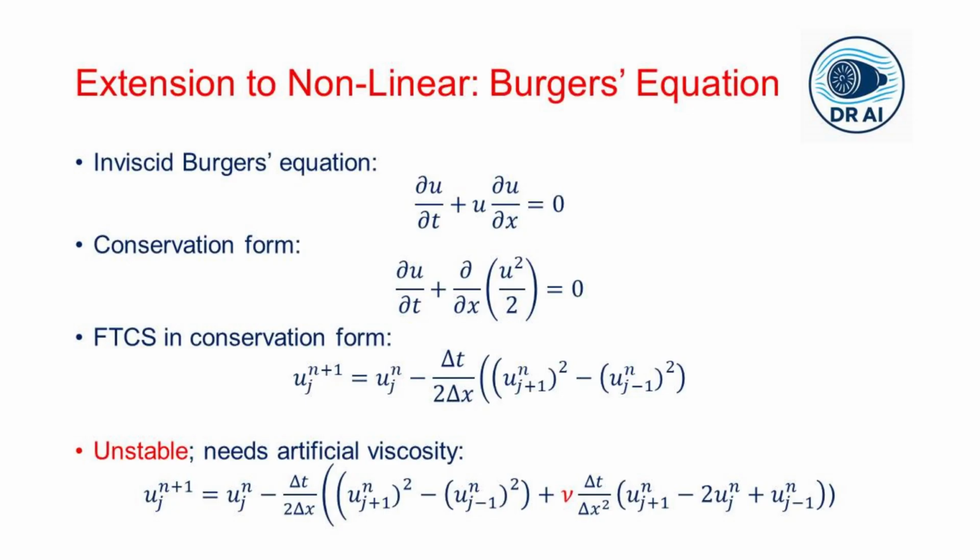Now we add a diffusion term to stabilize this. We can see there is a new term, which is a small artificial viscosity. This is exactly the form of the heat equation we studied earlier combined with nonlinear advection. This simple approach is the basis of many shock capturing methods.